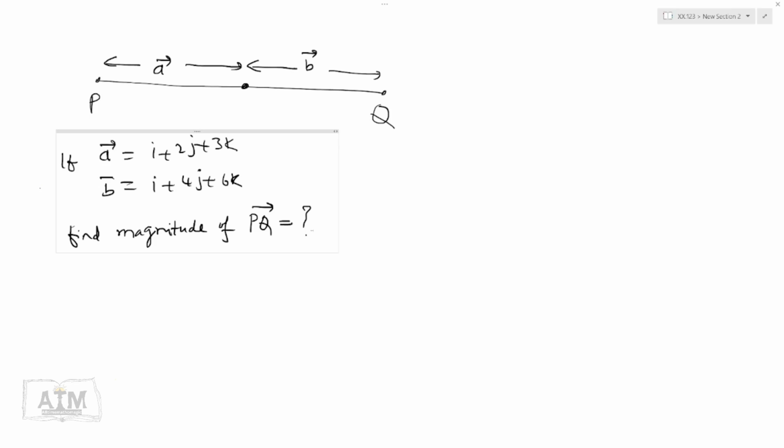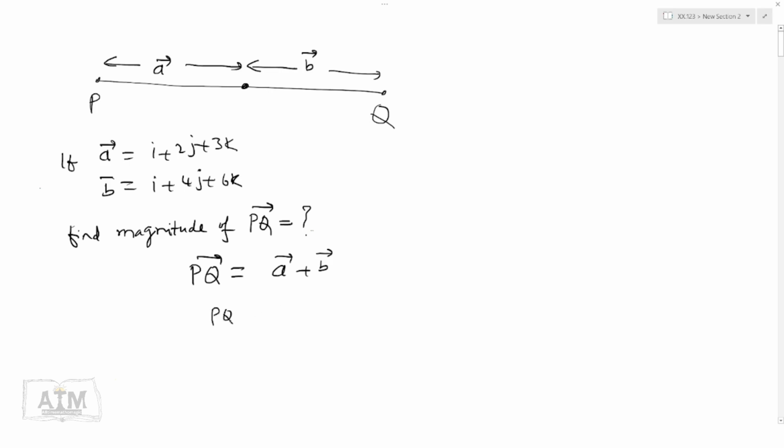Here the question is given: if vector A is given and vector B is given, find the magnitude of PQ. How much? From the diagram it is clear that if you want to get the vector PQ, you have to add vector A plus vector B. We can add the vectors.